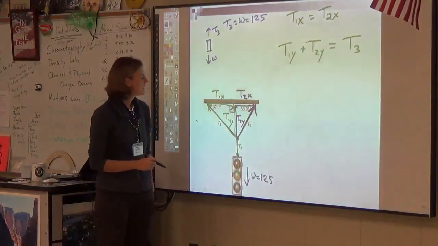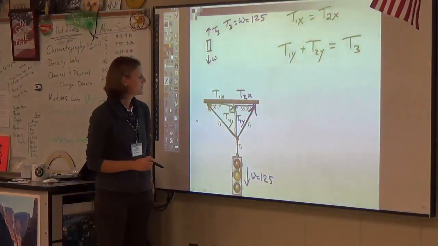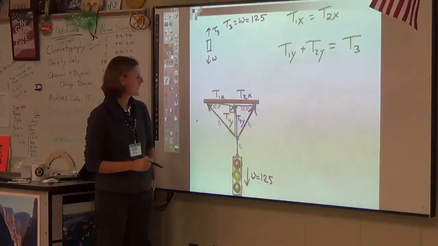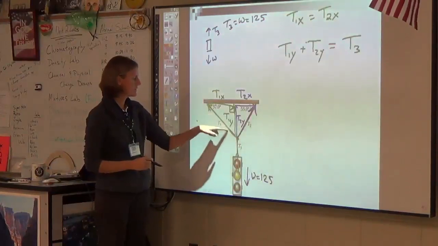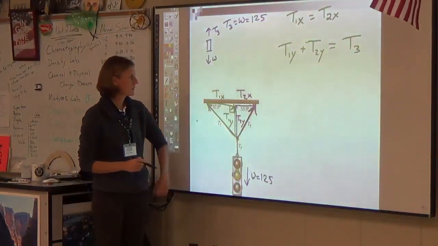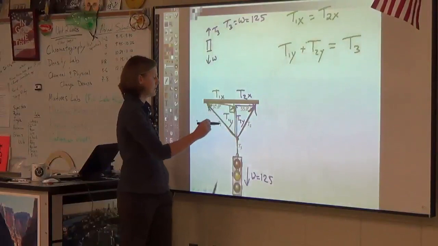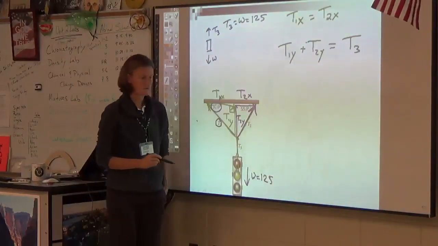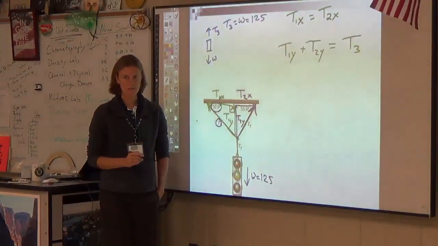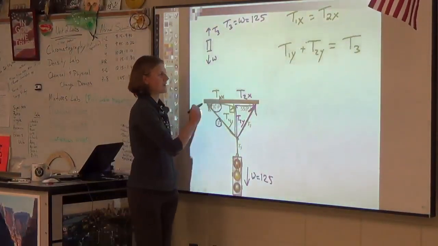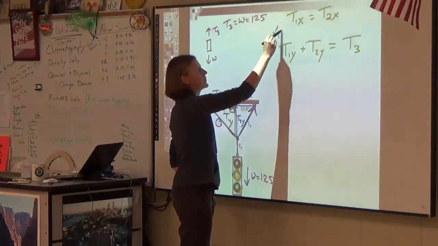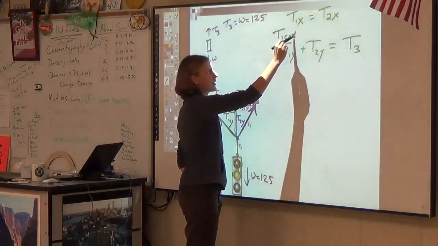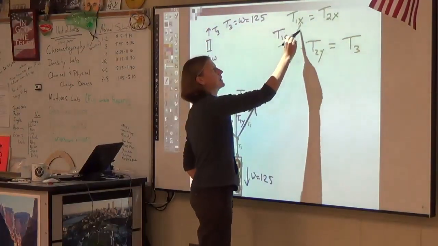T1x is really what? How would I relate it to T1 and this angle? T1 times the cosine, okay. So T1x is T1 cosine of 37.